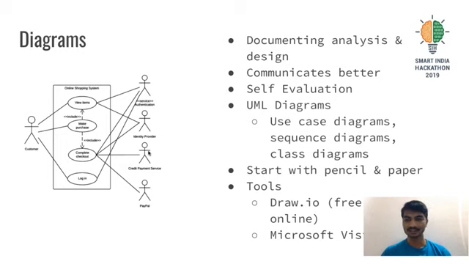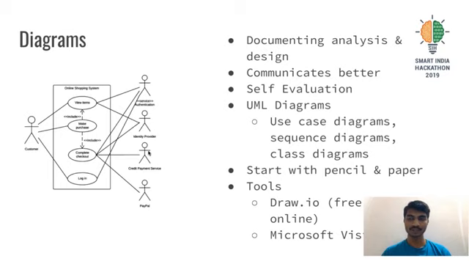It's very useful when you start with pencil and paper, but it cannot be effectively communicated, transferred or documented, so we may need to document it in a better way.